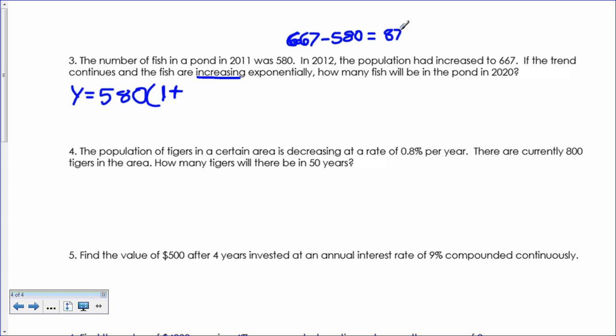Okay, so the way that you do that is you take this number, the difference between the after and the before. The order matters because it's not commutative. You're going to take that and divide it by the initial, and when you do that, you get 0.15. In this situation, you do not need to divide by 100 again. We've already done the appropriate work to get the actual rate here, so you would just type it in as 0.15.